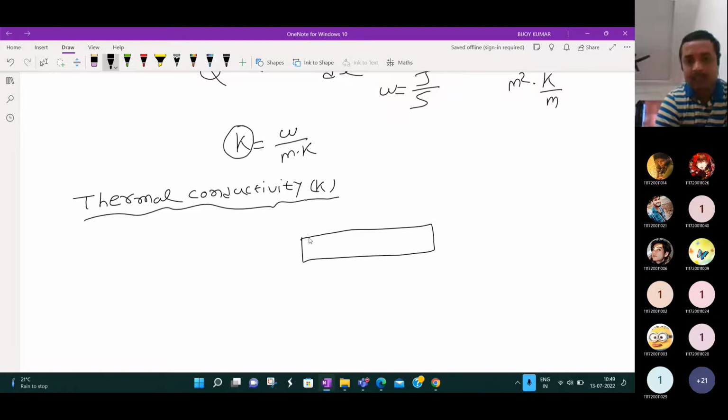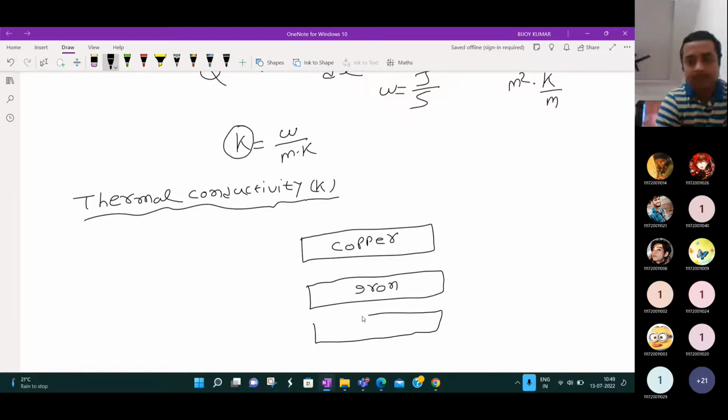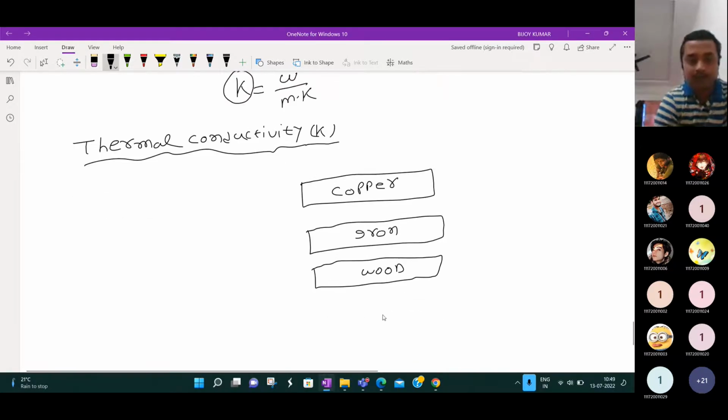Or let us take one copper, one iron, one wood, and one cement.